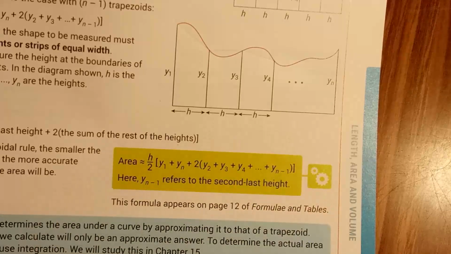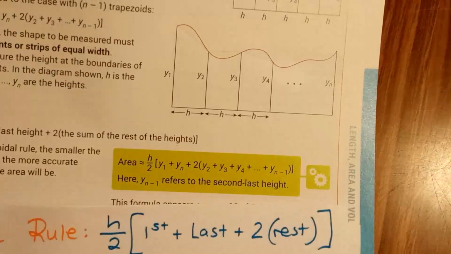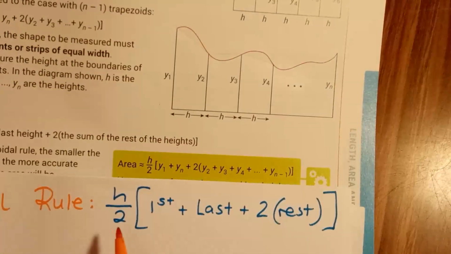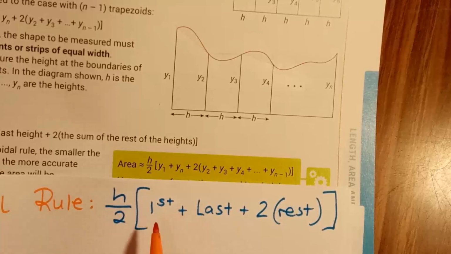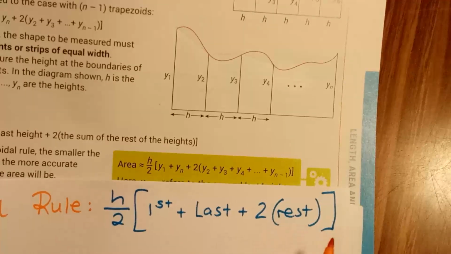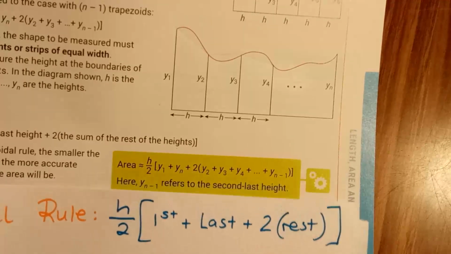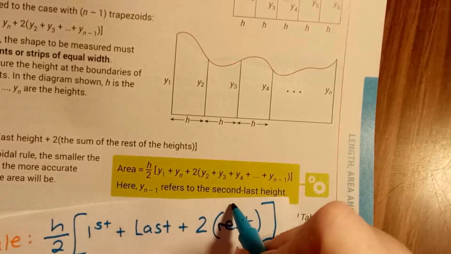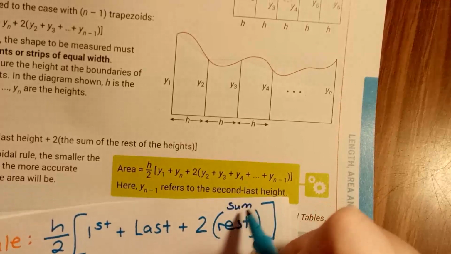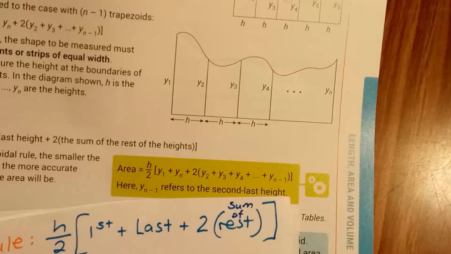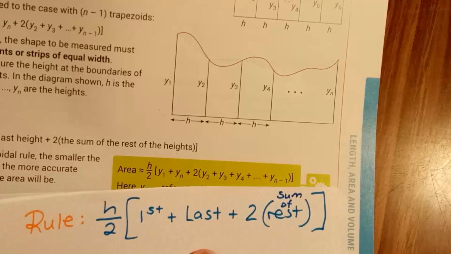Really complicated way of saying that we divide the width by 2 and we multiply it by the first number, add the last number, plus twice the rest of the numbers added together. I should probably write down sum of rest. So first plus last plus twice the sum of the rest.